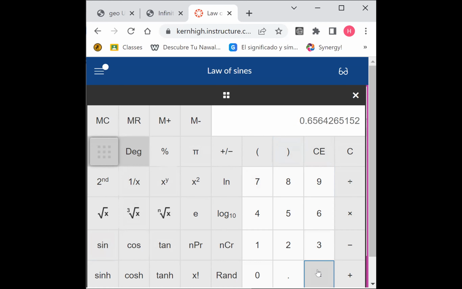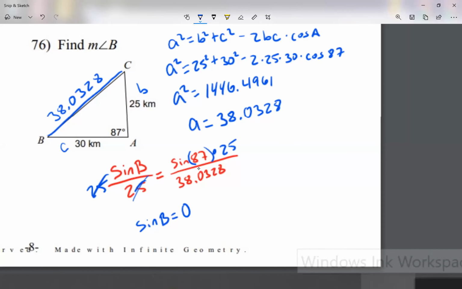I'm not quite done yet. So I'm going to use 4 decimal places. So 0.6564. Okay, I'm almost done.